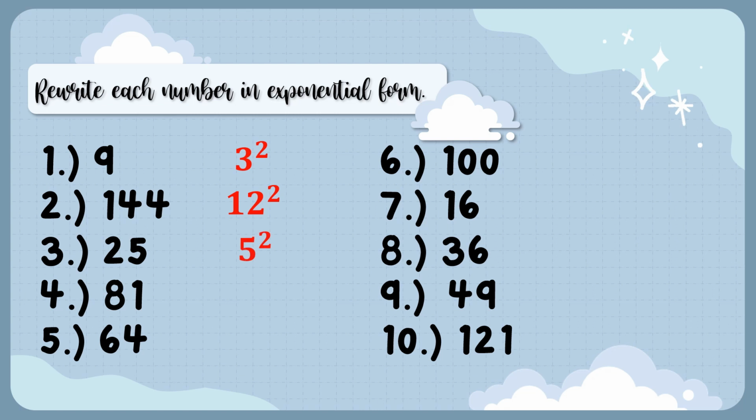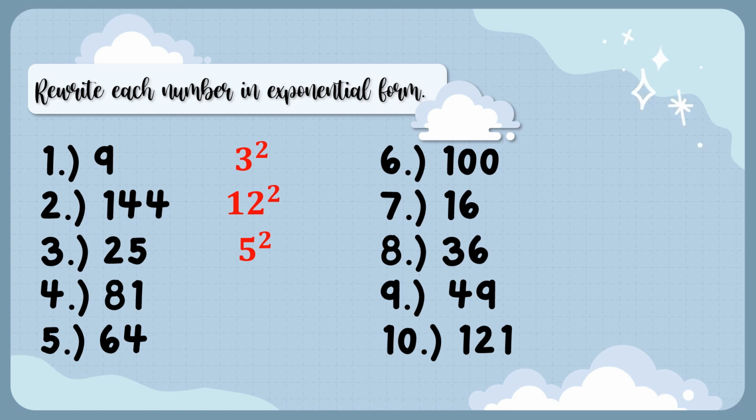Okay. Now, let's have number 3. Number 3, we have 25. And 25 has an exponential form of 5 squared. 5 squared because, again, when we expand 5 squared, that becomes 5 times 5. 5 times 5 is equal to 25.